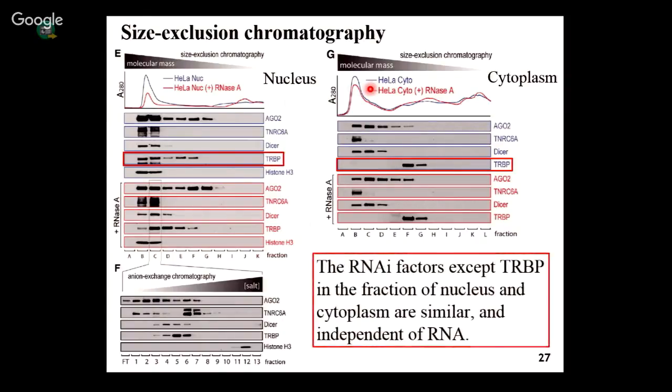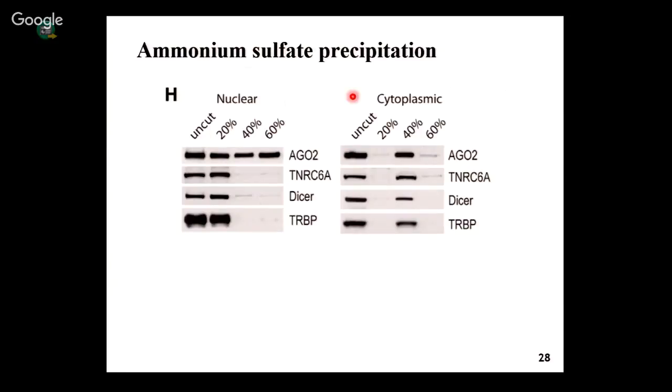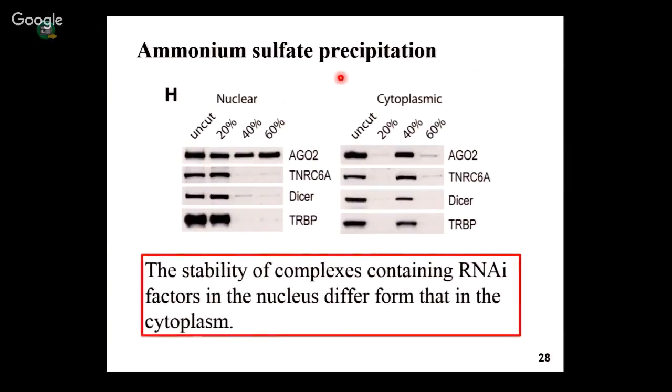What's more, they also do the ammonium sulfate precipitation to test the stability of this complex. This result shows that the RNA factors in the nucleus and in the cytoplasm separate using a different concentration of ammonium sulfate to separate this protein complex, so they may have different characteristics.